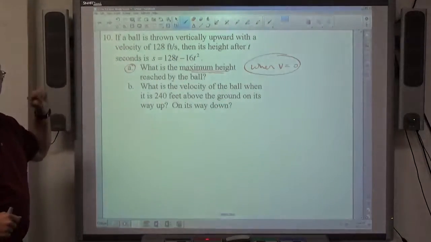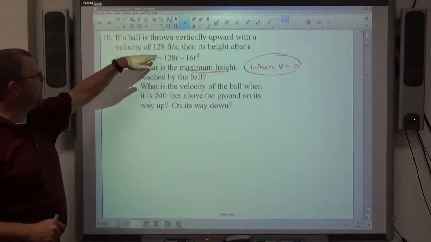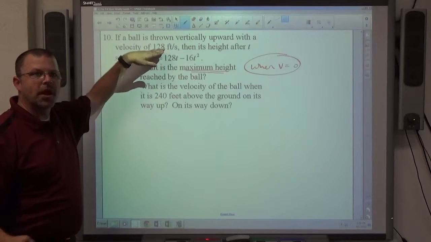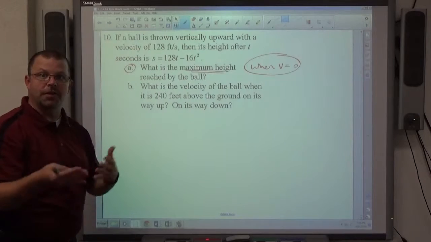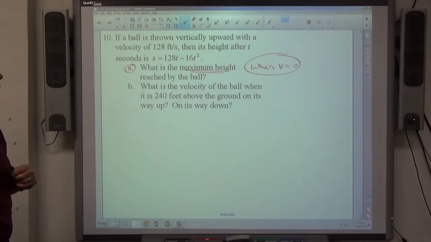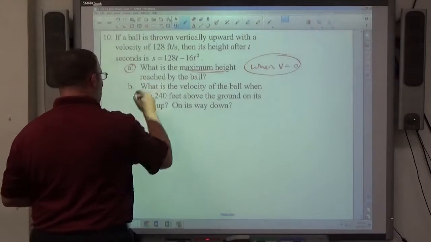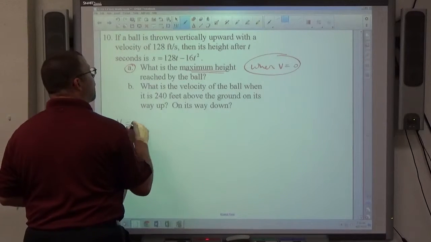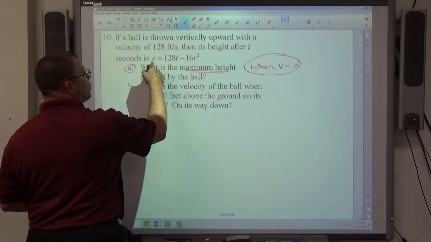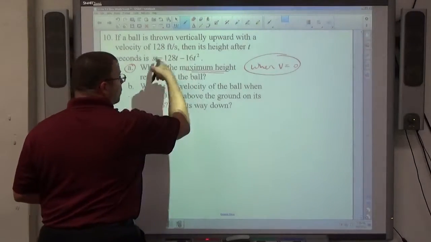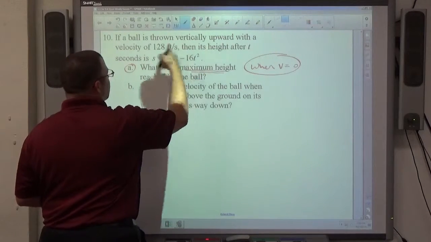Nothing in this problem tells me when the velocity is 0. I know initially it's 128 feet per second. Gravity is slowing it down, so eventually it has to stop because that's how gravity works. But I don't know when it hits the velocity of 0. So to do part A, I want to find the velocity function. This is position, the height, so height being position of the ball after a certain amount of time.